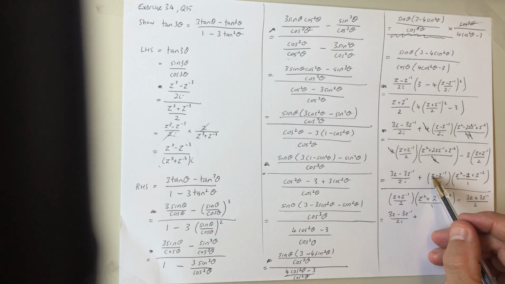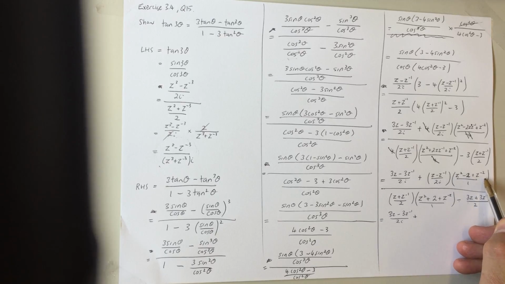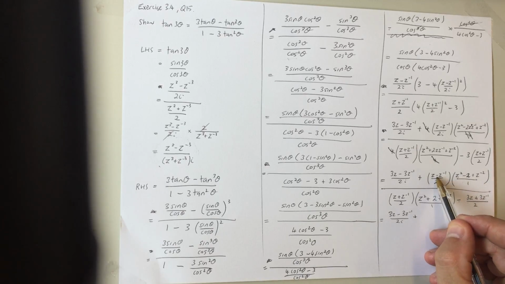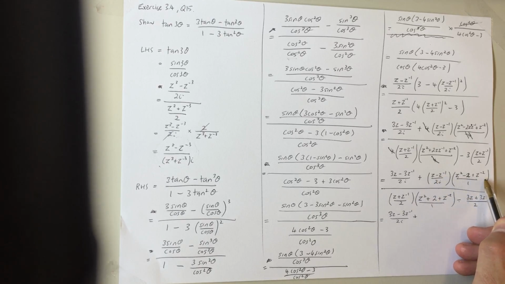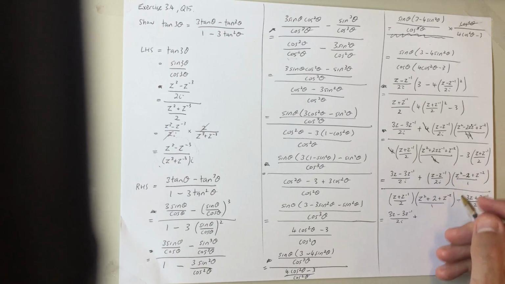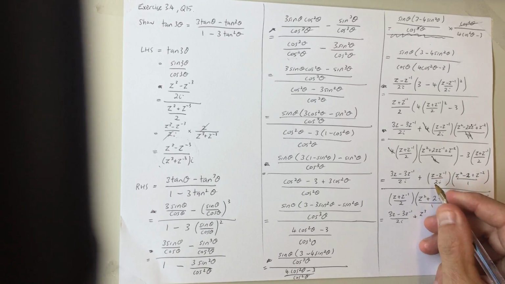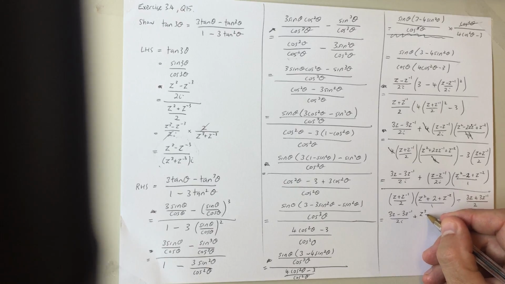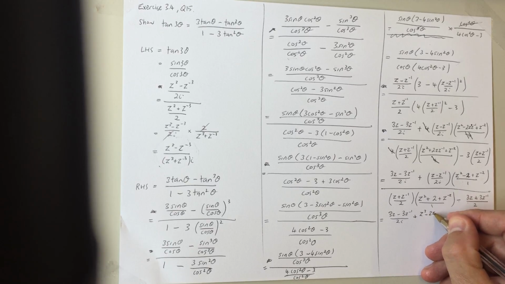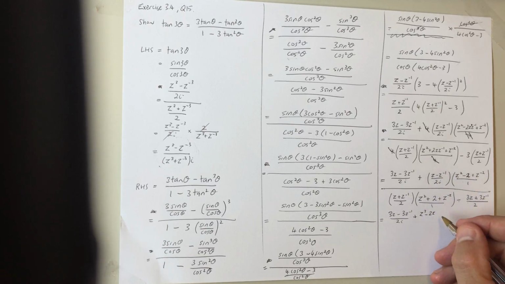This is going to be a little bit annoying, so the first term needs multiplied by all of this expression, and then we need to subtract the second term, which is multiplied by all of this. So z times z squared gives us z cubed, z times negative 2 gives us negative 2z, z times this one.